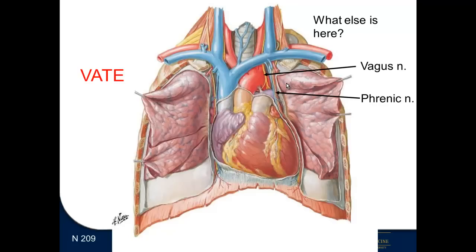Now, notice when they first enter the superior mediastinum, the vagus is medial to the phrenic. As they continue to descend in the superior mediastinum and reach the root of the lung, the vagus becomes more posterior and the phrenic becomes anterior, moving from a medial lateral relationship to a posterior anterior relationship.